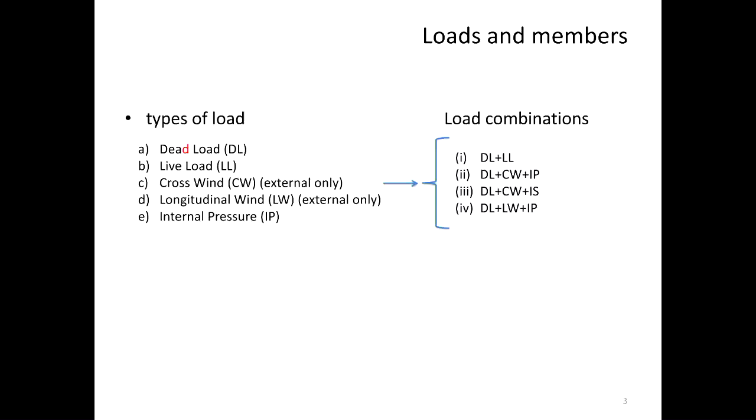So you look at all these load combinations. The essence of doing that is, as an engineer designing a structure in the office, what you want to design for is the worst case scenario. To make sure you come up with the optimum design which will satisfy every scenario, you have to consider the worst case. That is the reason why you have to mix and match all these load combinations. So that's the essence of why we have load combinations. The worst case represents the governing design, in other words. Okay?